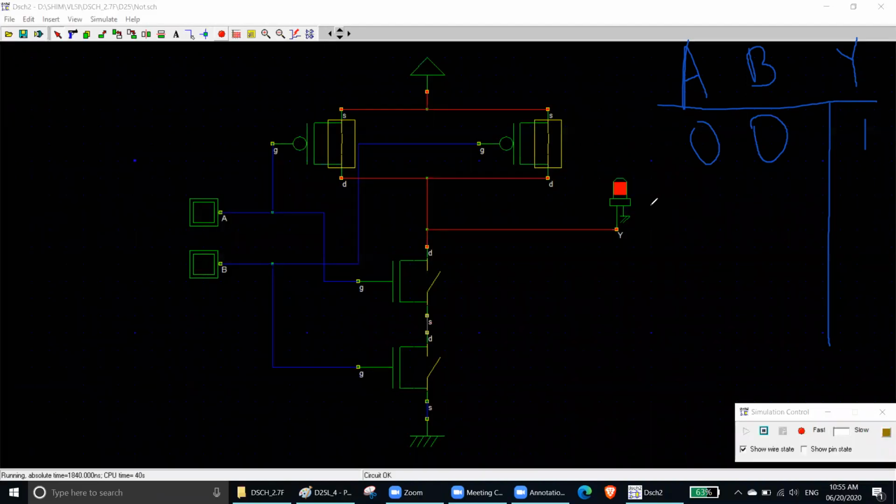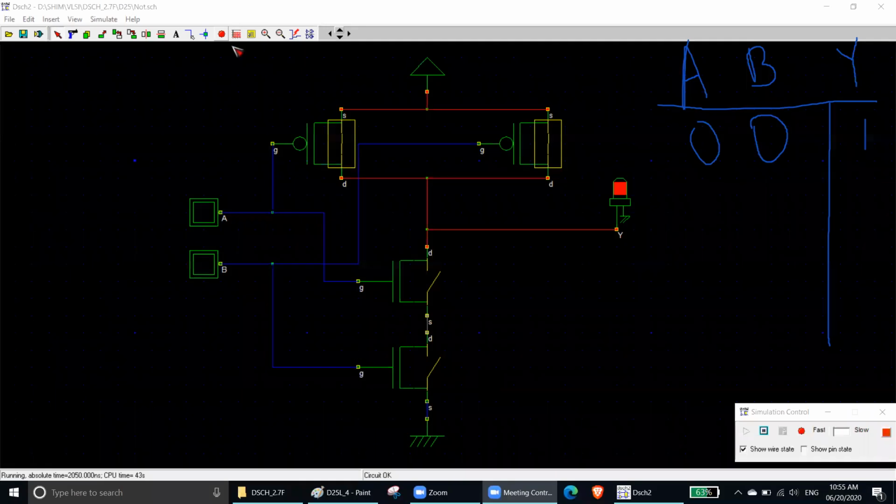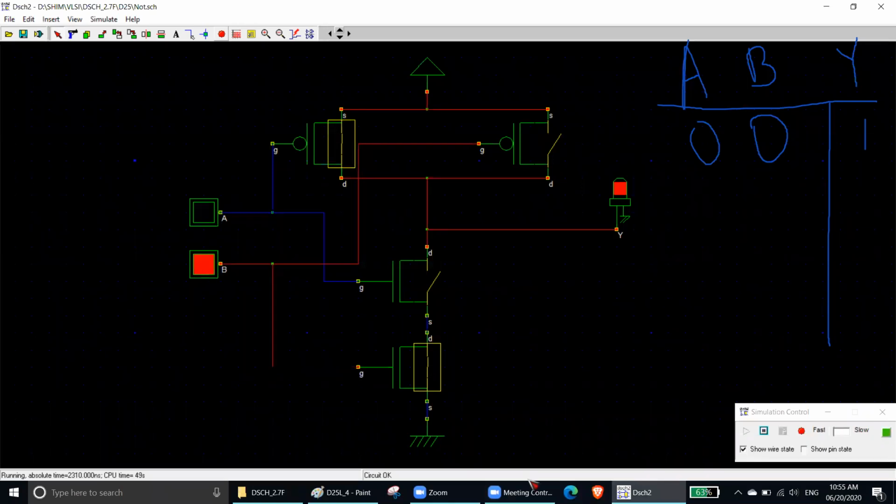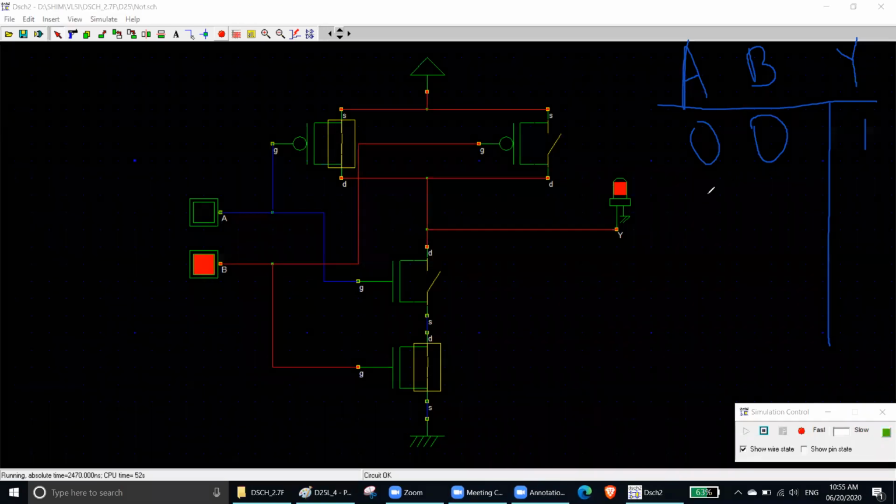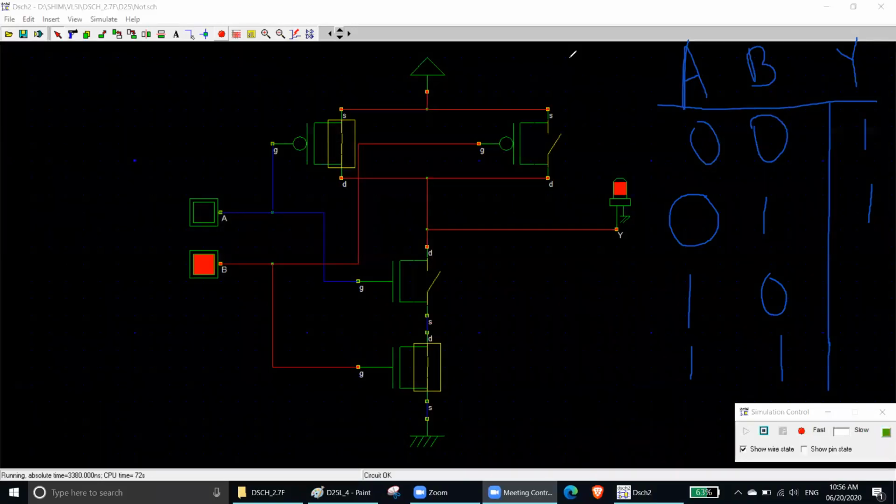Okay. Now let's change the input to 0, 1. When it is 0, 1, you can see your output is still 1. Let's write 0, 1. So your output is still 1. Let's write 1, 0, and 1, 1, and check whether the output changes or not.